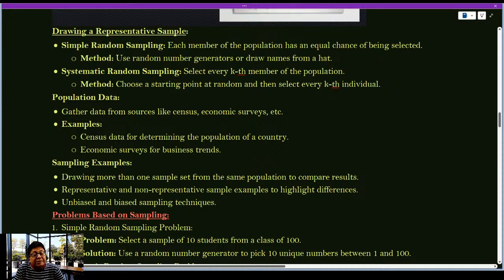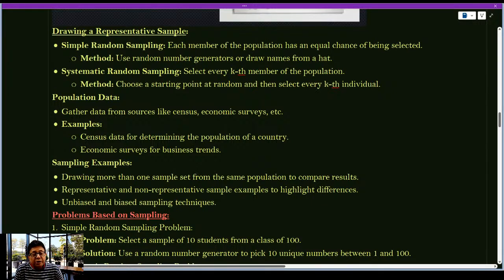And unbiased and biased sampling: unbiased means you are not preferring any person in the queue. Suppose you are sitting at the Apollo Hospital counter and you are using only an unbiased sampling technique. In the biased one, step by step he is supposed to come. So: drawing more than one sample from the same population to compare results, representative, non-representative, biased and unbiased.